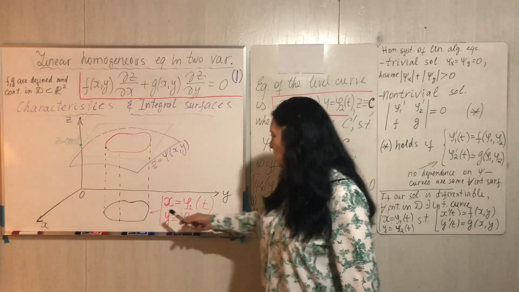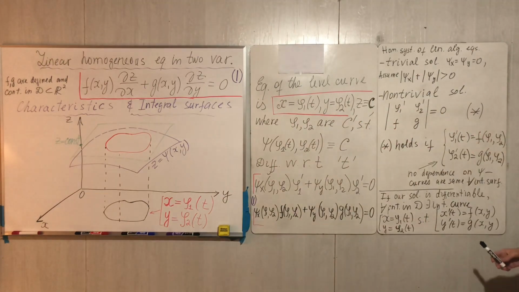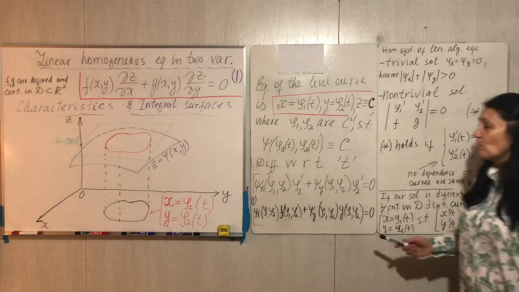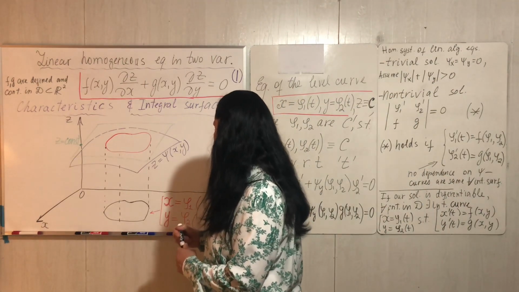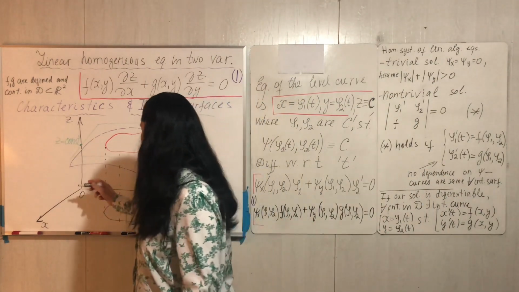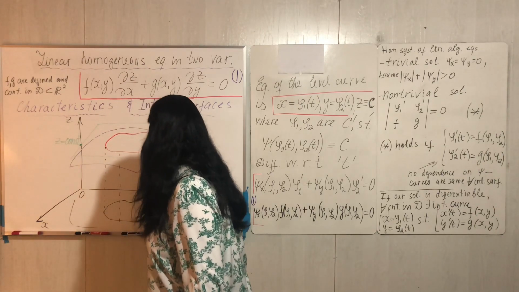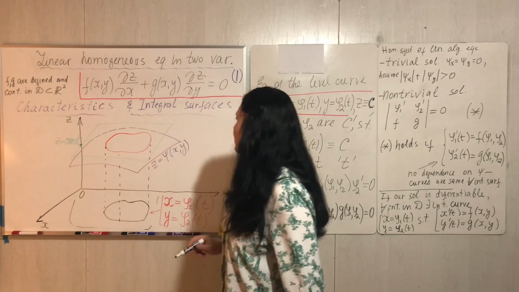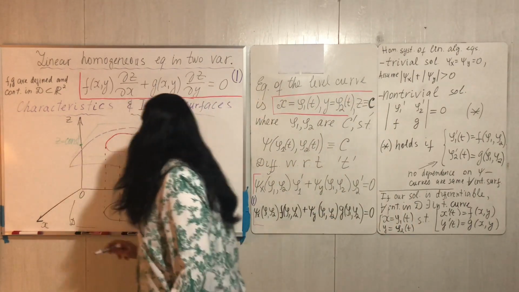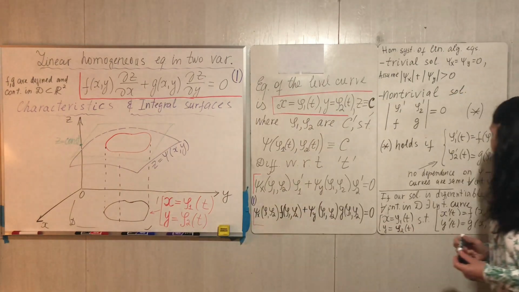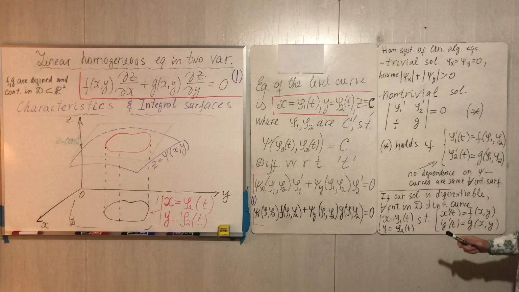So we can see that in these assumptions of continuity, through every point in this domain D, a bigger domain D somewhere here where we study our equation, we will have a certain curve, right?